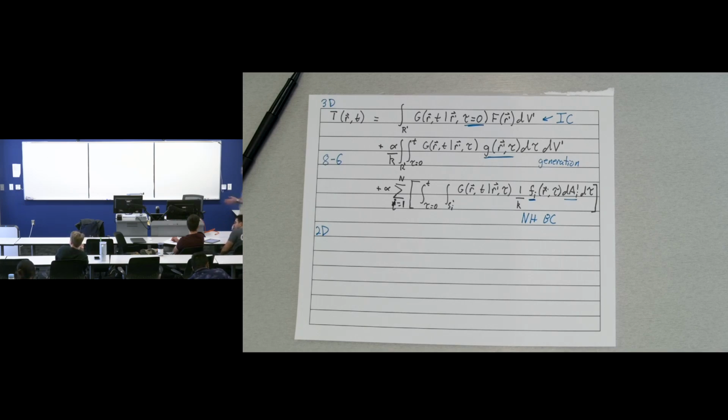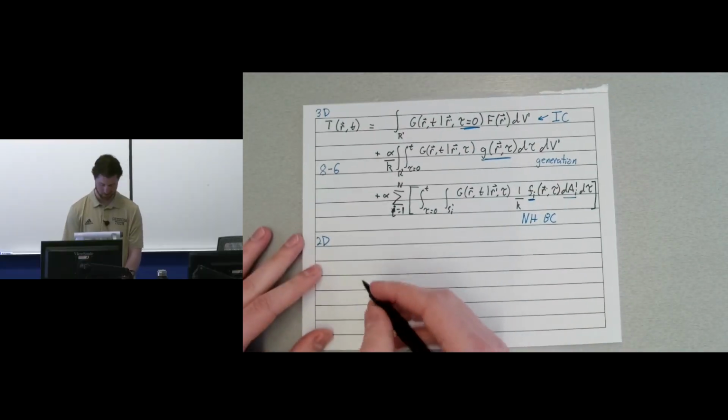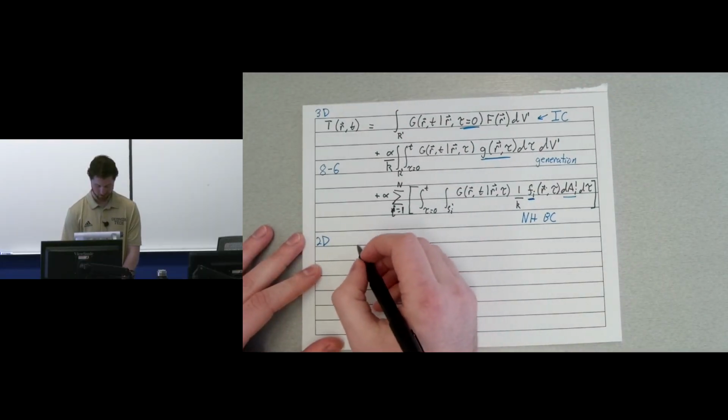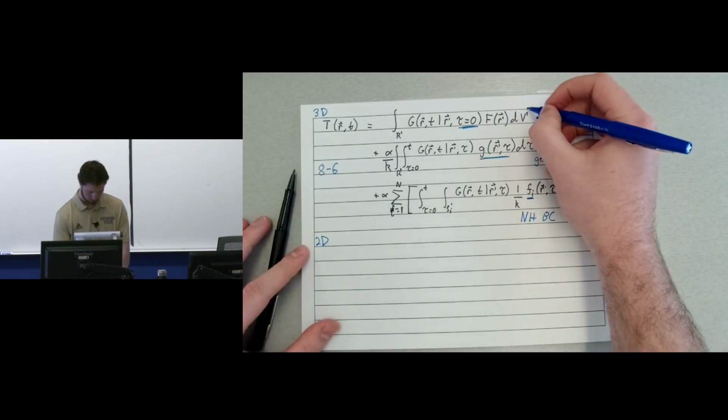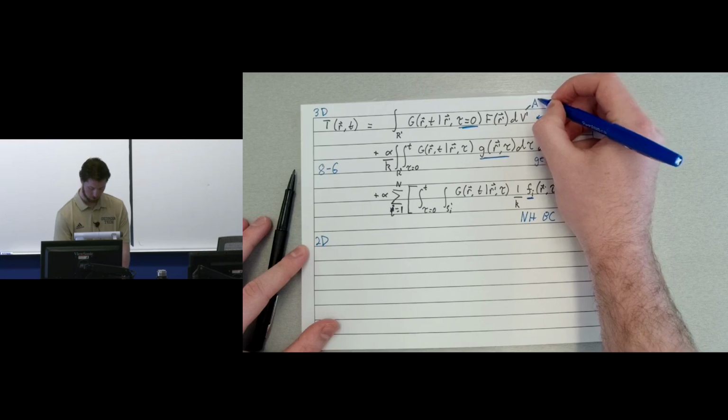All right. Who's got an answer for me? Just drop everything down by a dimension. So this v is going to become an a prime.